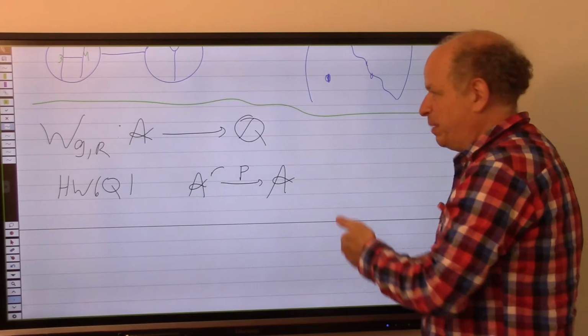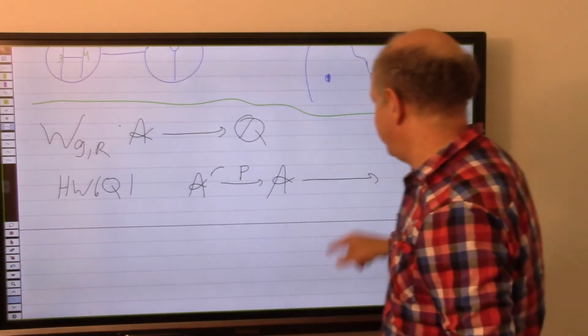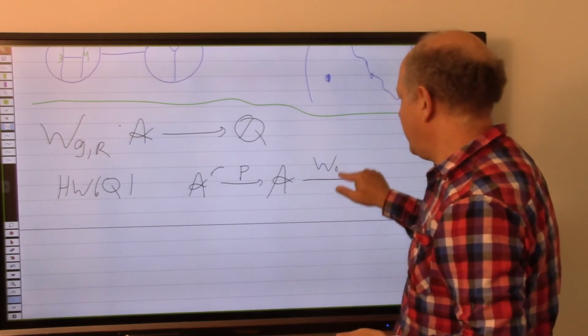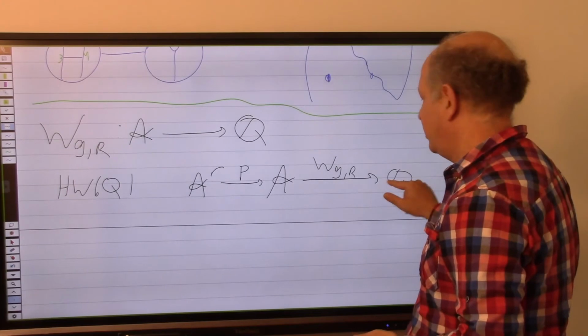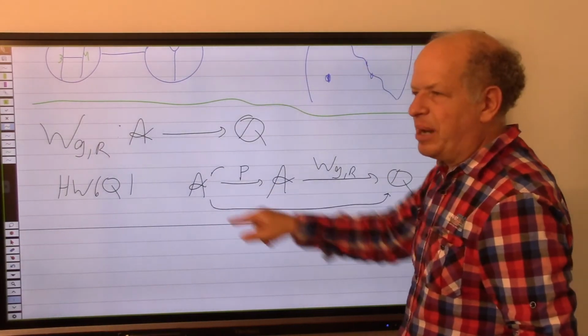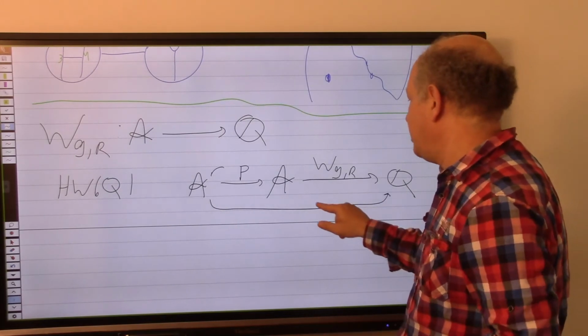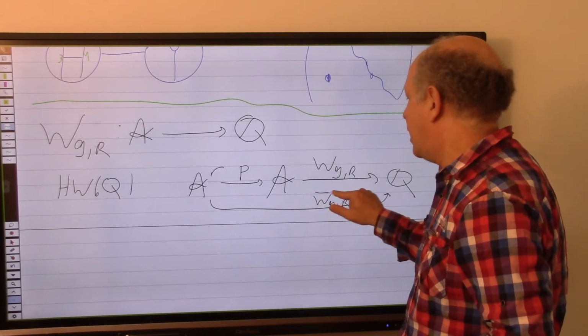Okay? But now, suppose you choose a Lie algebra and a representation, it gives you a map from A into the ground field, and then if you compose the two, you get a map from A^R into the ground field. Maybe I'll call it W_{G,R} bar.